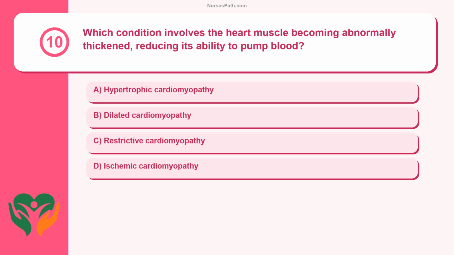Question 10. Which condition involves the heart muscle becoming abnormally thickened, reducing its ability to pump blood? Hypertrophic cardiomyopathy, dilated cardiomyopathy, restrictive cardiomyopathy, ischemic cardiomyopathy.